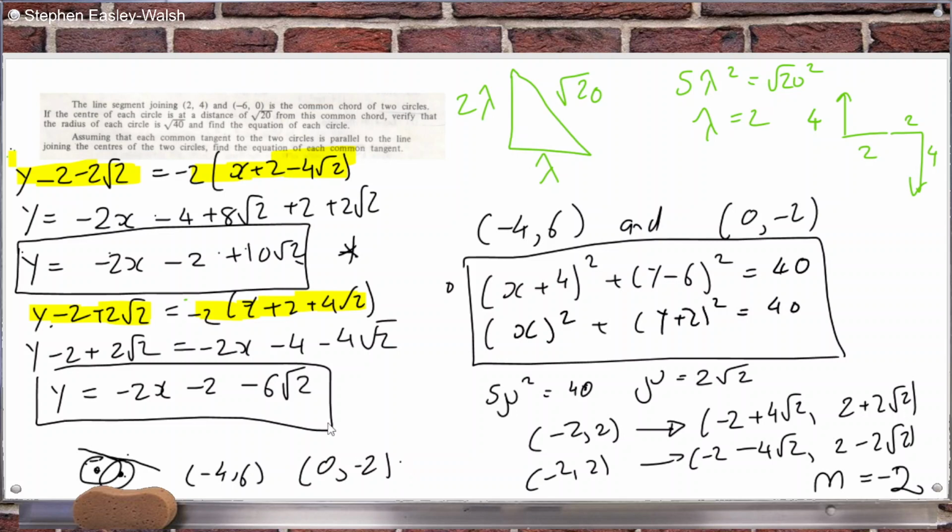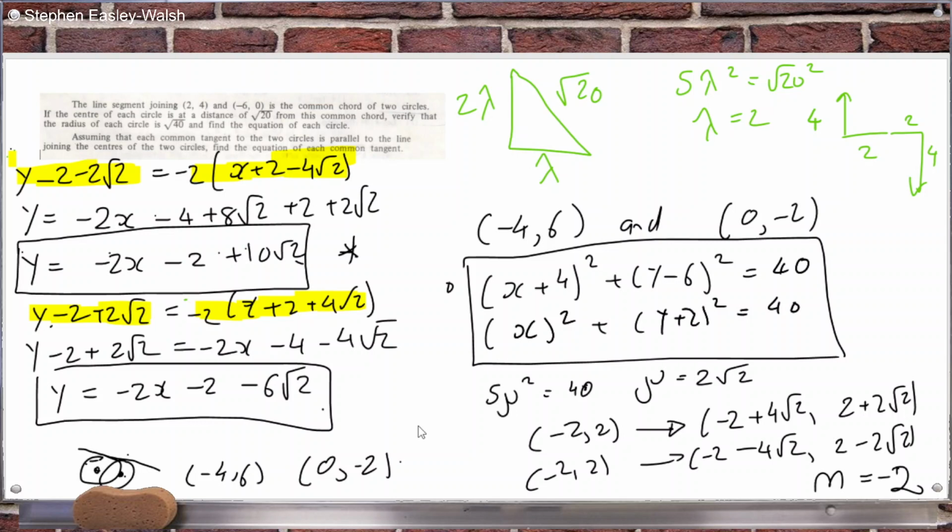So I'm sure if I repeat it with this line, I'll get root 40 as well. But let's check it anyways. Okay, that's 2 times minus 4 plus 6 plus 2 plus 6 root 2 divided by root 5. Oh, no, that's not it.